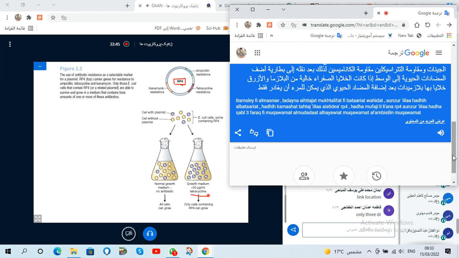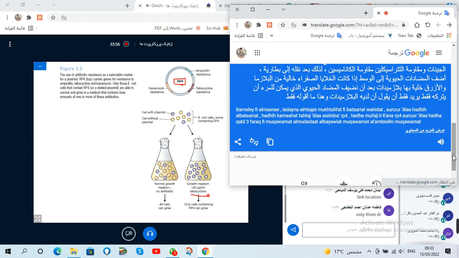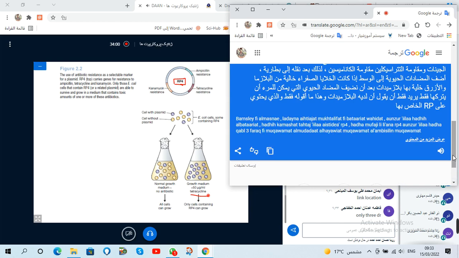Only what? Only cells that have the plasmids. Yes, Fatima, only cells which have RP4.